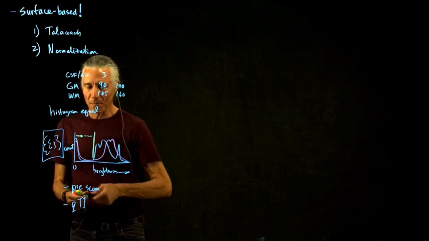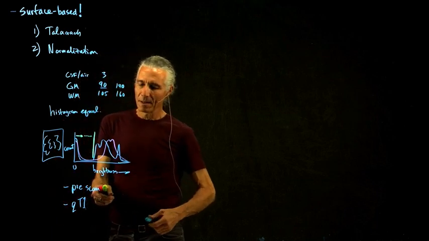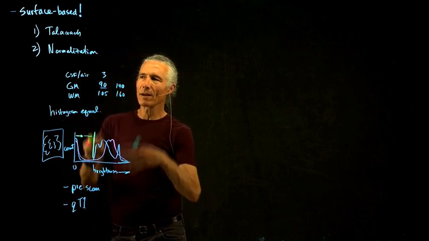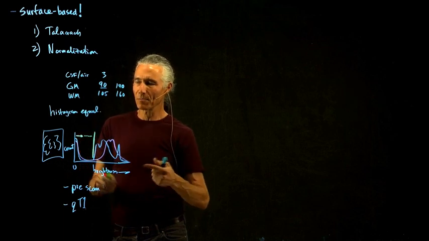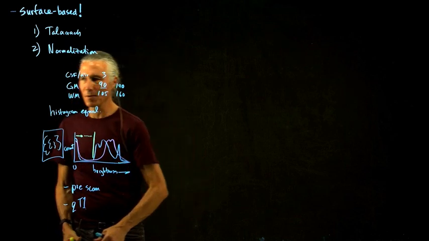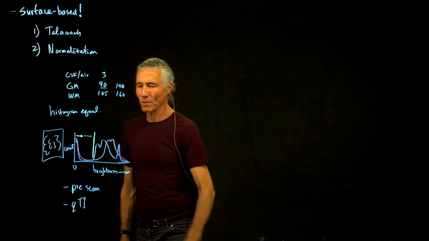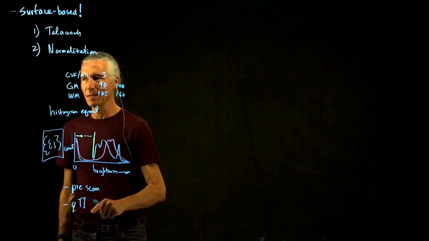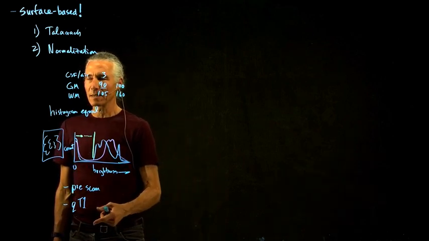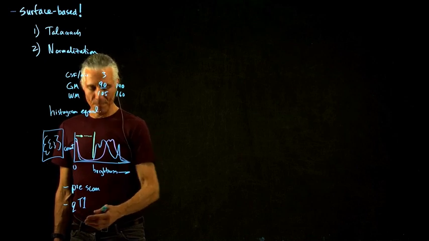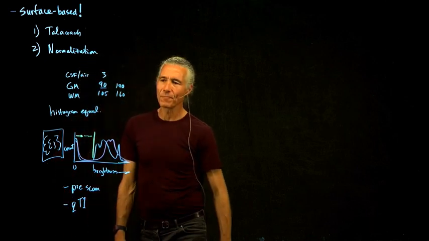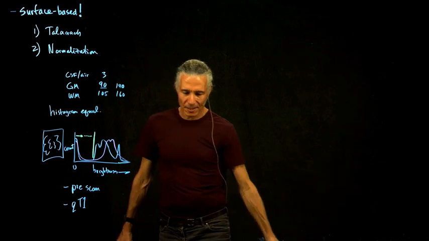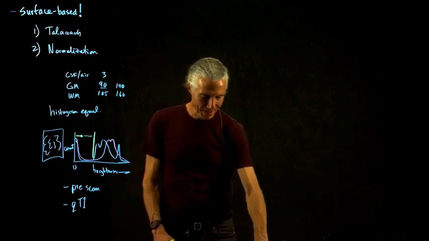But for the most part, people might do pre-scan normalize and then just run it through the normalization program. That's 98% of what people do. Most people haven't done quantitative techniques as much, partly because they take more time and are more inconvenient. Okay, so that's a good start.